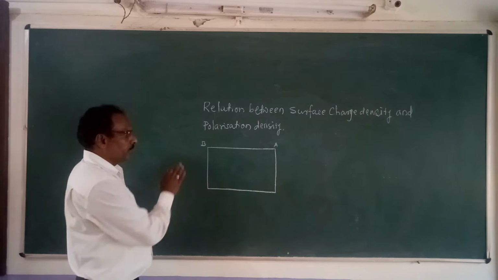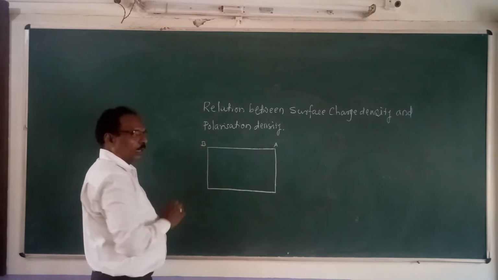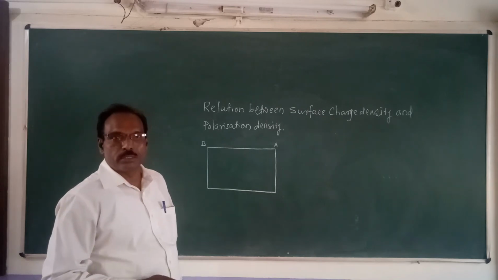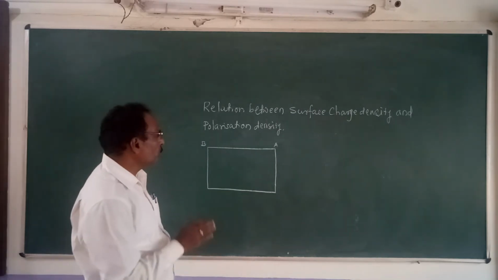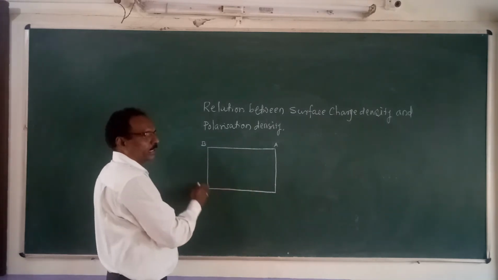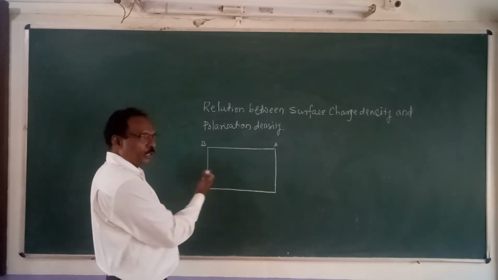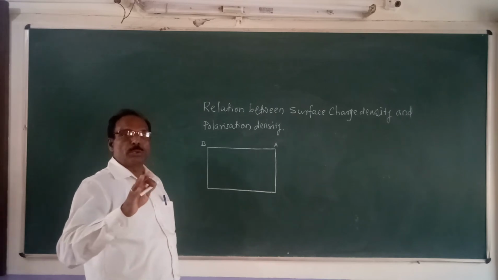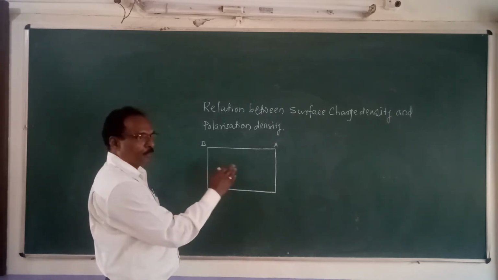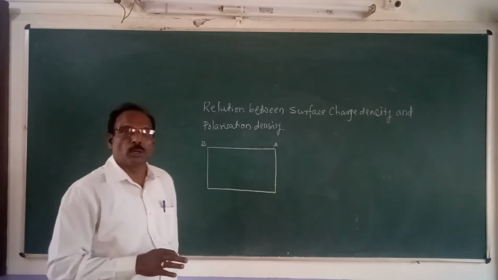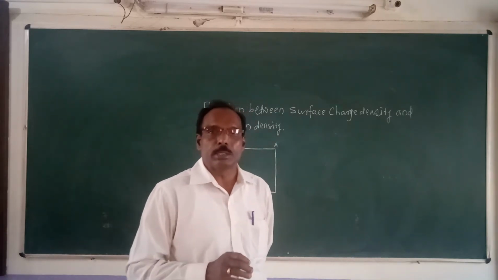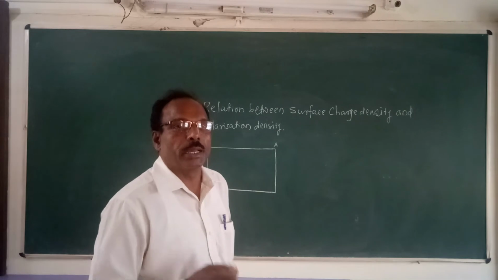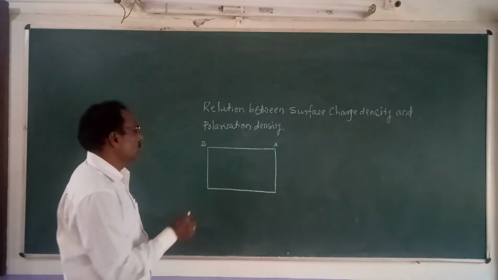We have seen when this dielectric material is placed in an electric field, what is the effect of the electric field on this material, called an insulator? So polarization takes place. There will be an induced dipole or a permanent dipole depending upon whether the slab is of a polar substance or a non-polar substance.